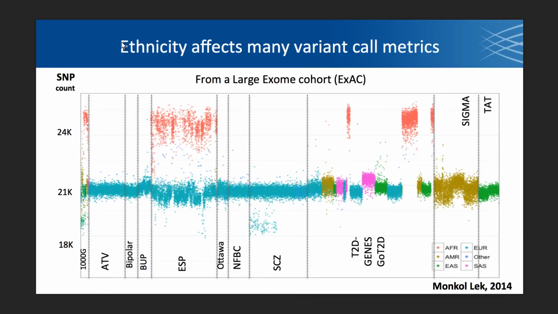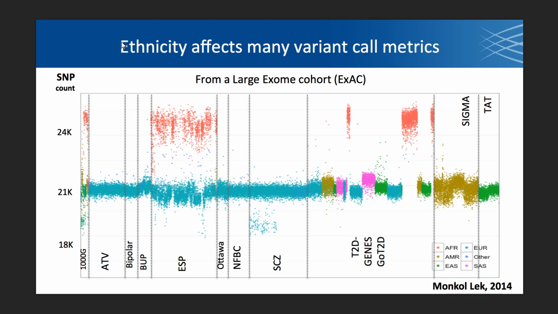All right, so here's another example of how ethnicity affects some of the variant calling metrics. This is from the ExAC data set. I don't know which version, this is probably version 1. This is the published version, there's probably somewhere between 60,000 and 90,000 individuals in here, depending on whether they were using the data that they were allowed to publish on or not.